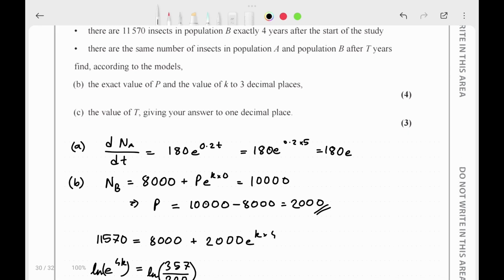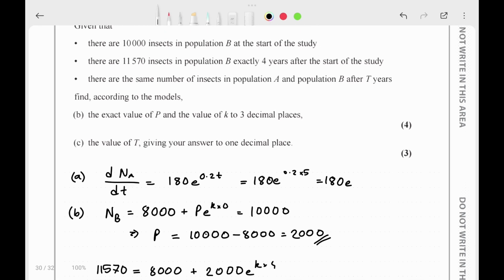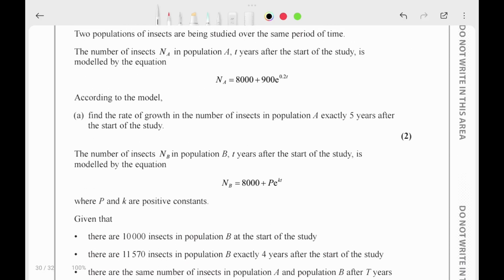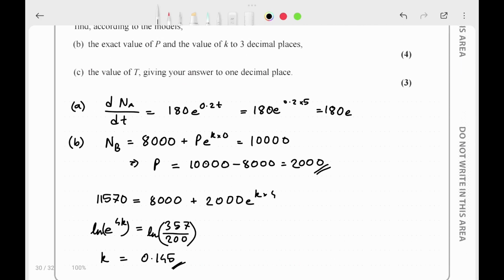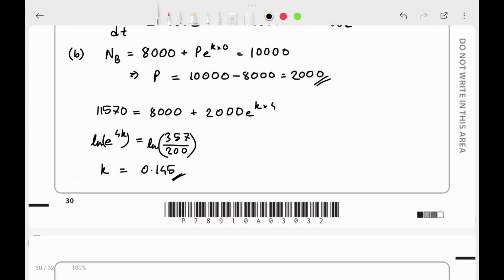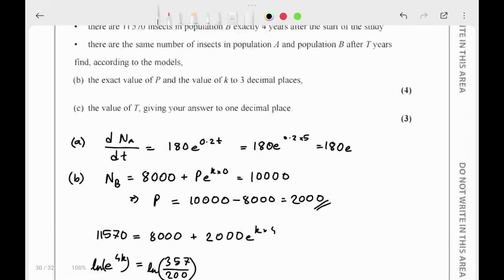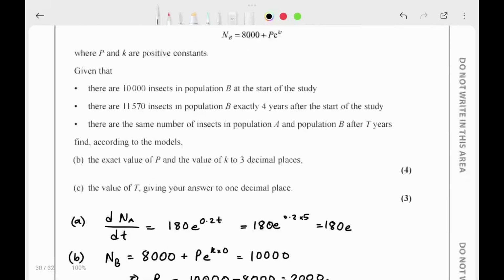And as for the final bit, the value of t giving your answer to one decimal place. So after t years, the population of A and B are equal. So it's quite simple actually. I'm just gonna head over to the next page. So 8,000 plus 2,000 e to the power 0.145 into t is equal to 8,000 plus 900 e to the power 0.2t.